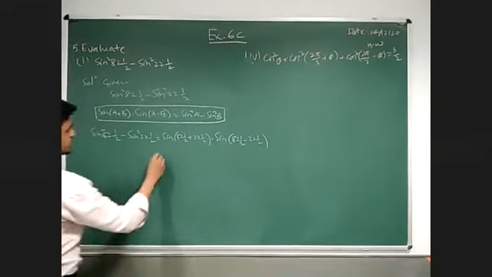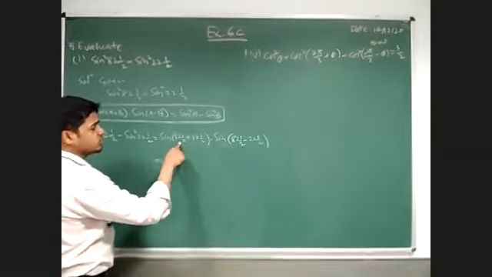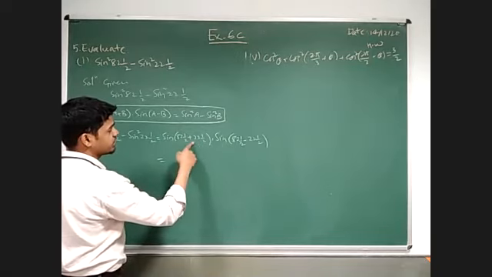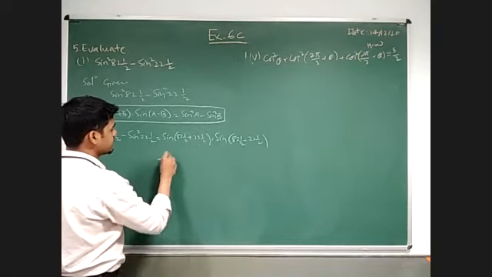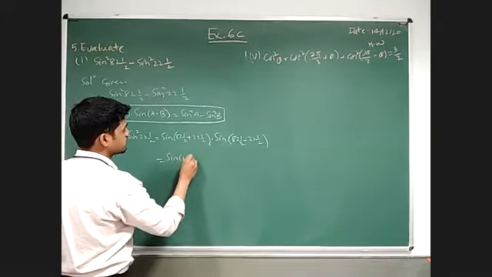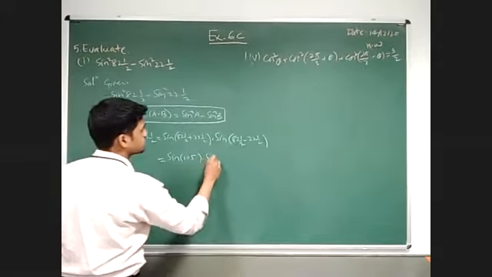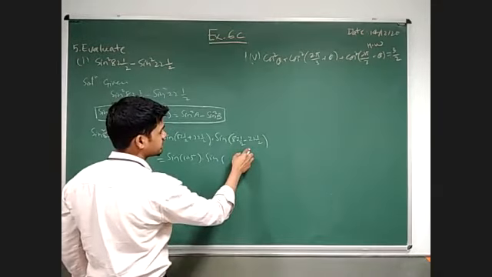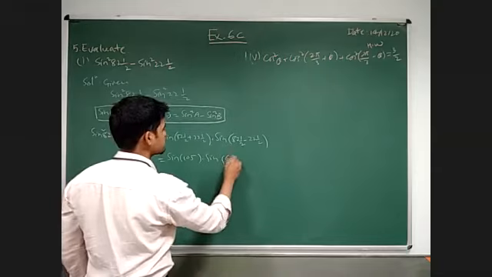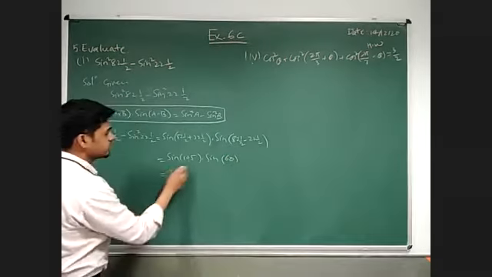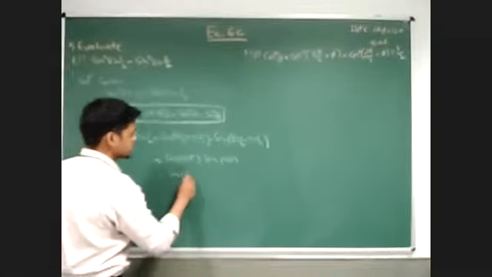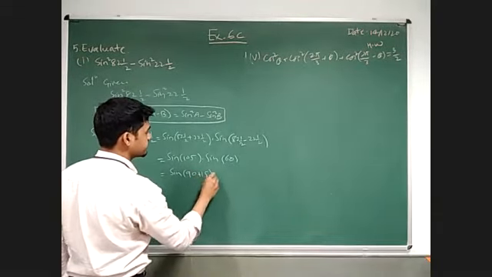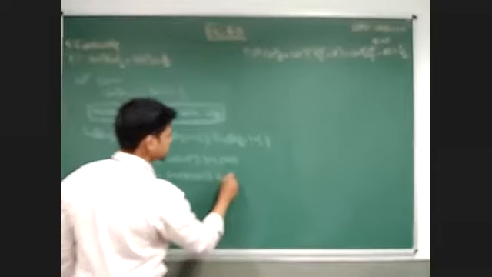Okay, so see here, 82 plus 22 is 104, half of that is 52... the half cancels, then it will be 60. So I get sine 105 into sine 60, and sine 105 can be written as cos 15 into sine 60.